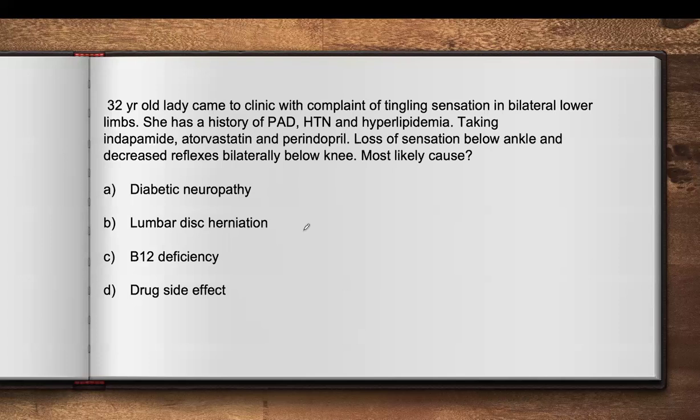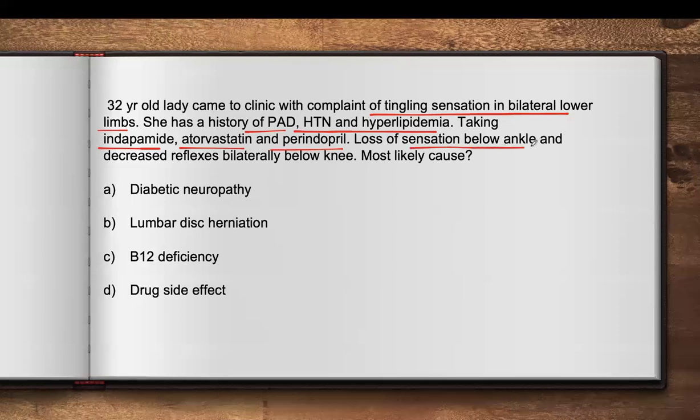Next question: a 32-year-old lady came to the clinic with a complaint of tingling sensation in bilateral lower limbs. She has a history of peripheral arterial disease, hypertension, hyperlipidemia, taking indapamide, which is a diuretic, atorvastatin, and perindopril, which is an antihypertensive, an ACE inhibitor.